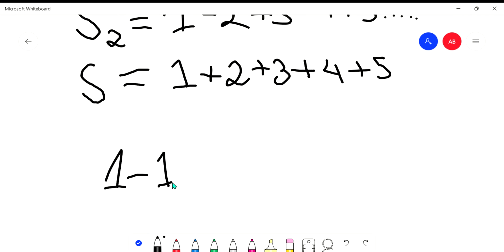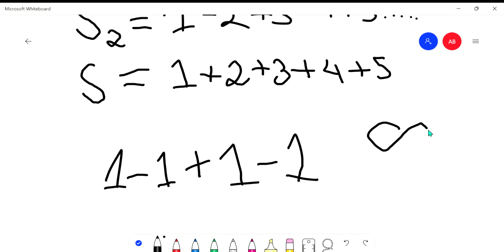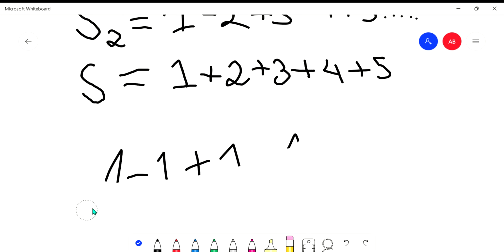And if you had a finite number of terms, if there are an odd number of terms, the answer is 1. If there are an even number of terms, the answer is 0. But then what in the case of infinite terms? Infinity is neither odd nor even, so what do you do?